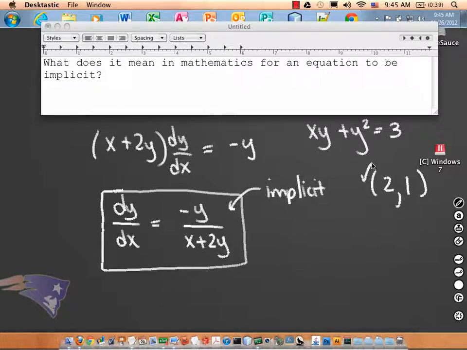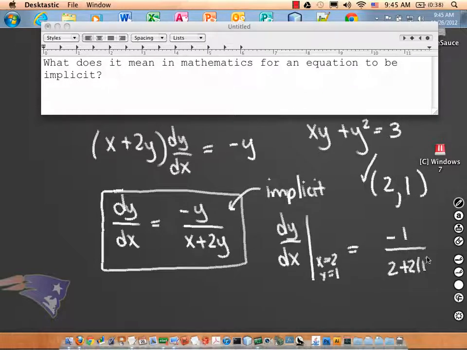So I can tell you the slope of the tangent line at the point (2, 1) by plugging (2, 1) into the derivative. If I take dy/dx and set x equal to 2, y equal to 1, I get negative 1 over 2 plus 2 times 1, which is negative 1/4. That means the slope of the tangent line is negative 1/4.